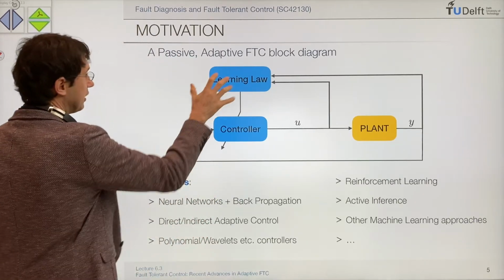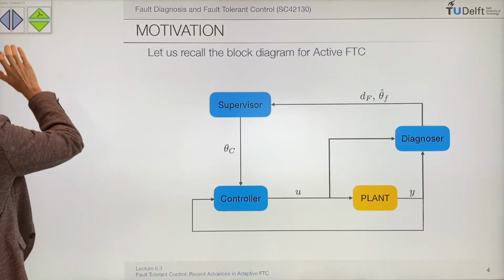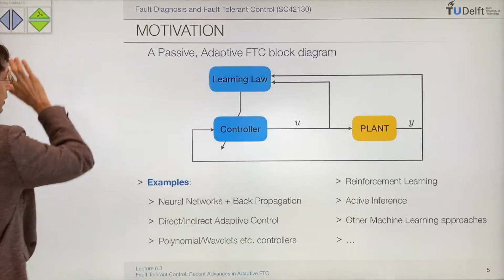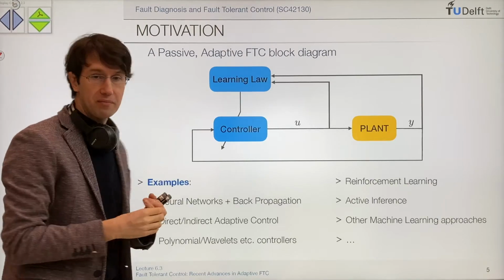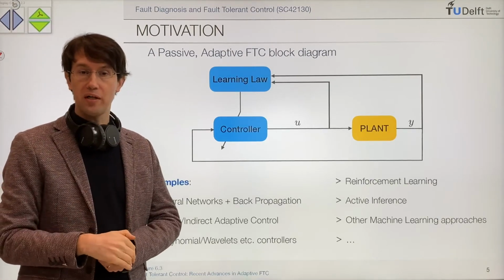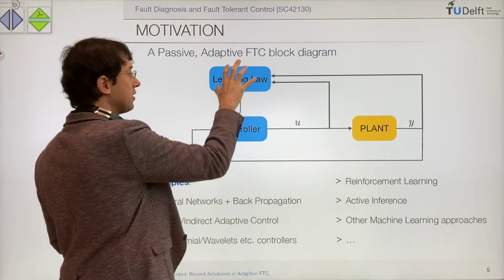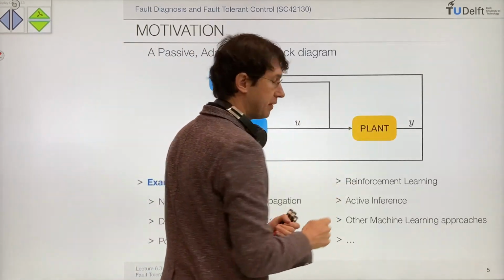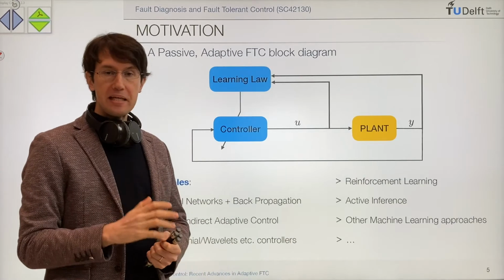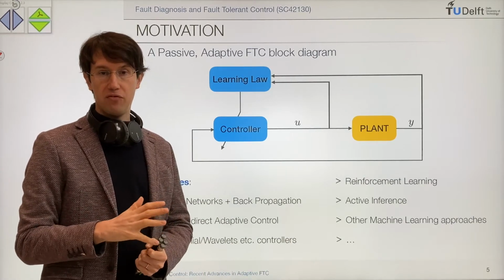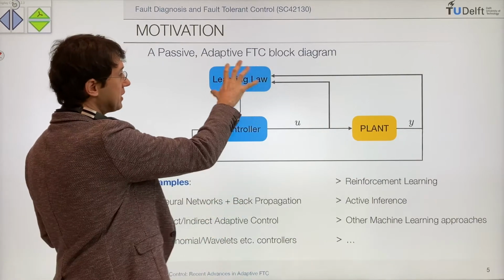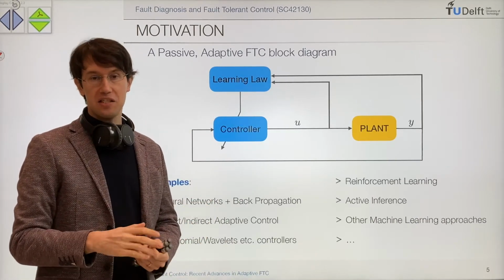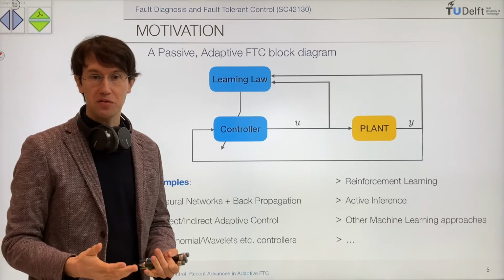So the role of the learning law is similar to the role of the supervisor, that is to tune the controller. But here, you don't need to explicitly know whether you have a fault or not. The learning law is constantly updating the controller to adapt to the dynamics of the plant, be they healthy or be they faulty. So this is completely transparent. It is continuously doing its job, so it is just working by itself. From this point of view, it is passive.